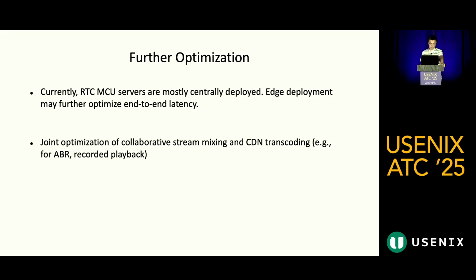We're interested in increasing edge deployment for those compute server instances, but that will require careful resource provisioning and scheduling for server-side cost control. And second, one thing we're actively working on right now is the co-optimization of stream mixing in collaborative streaming and transcoding for other purposes, such as ABR. And that requires close coordination with our CDN providers.